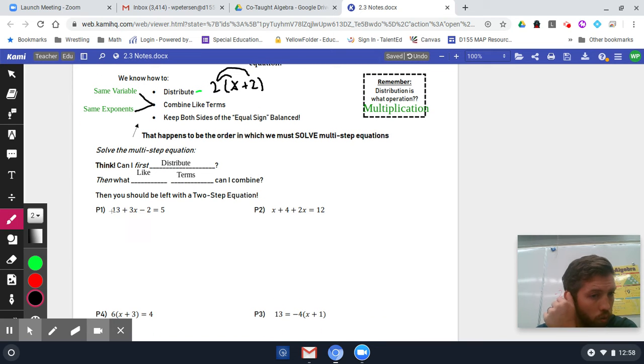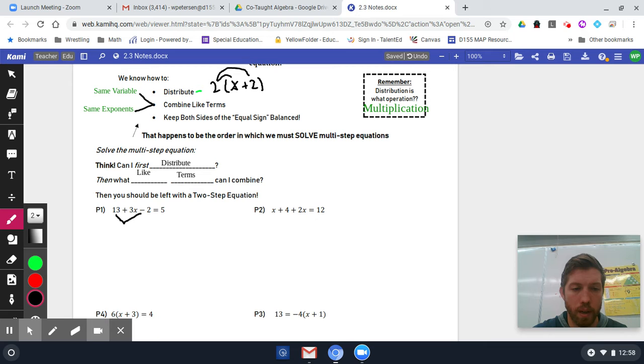All right, so is there anything to distribute? Well, there's no parentheses. If there's no parentheses, we can't distribute. So no. Okay, now we combine like terms. Is there anything on this side of the equation that we can combine? Yes, we can combine these two right here, 13 minus 2. Now we do not do the opposite of negative 2.